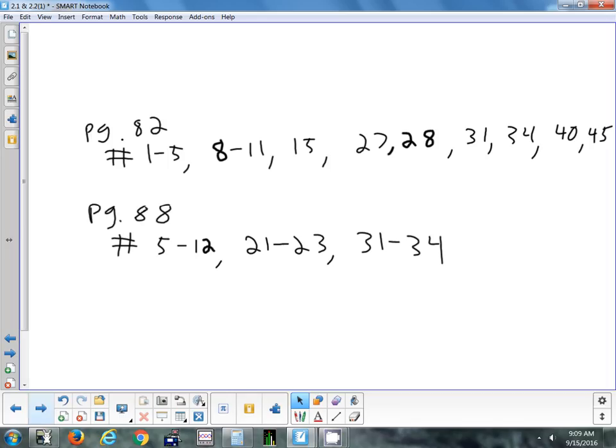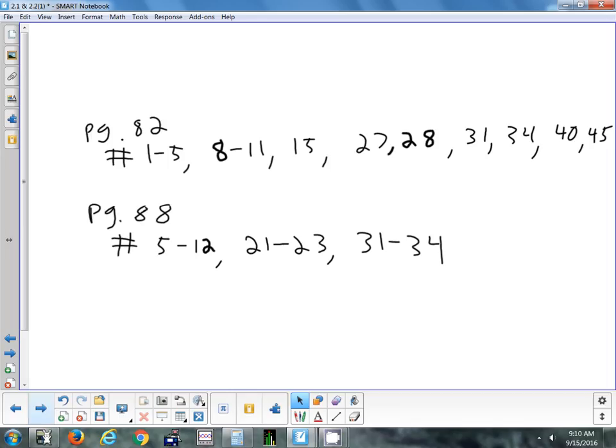Okay, so the homework, 2.1 is the first section, 2.2 is the second. It's page 82: 1 through 5, 8 through 11, 15, 27, 28, 31, 34, 40, and 45.